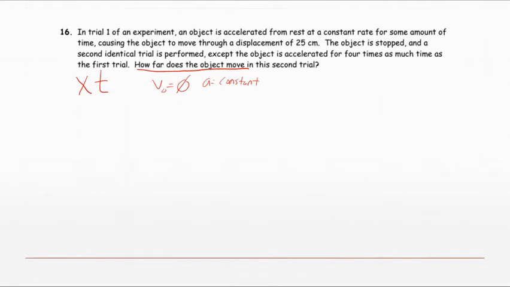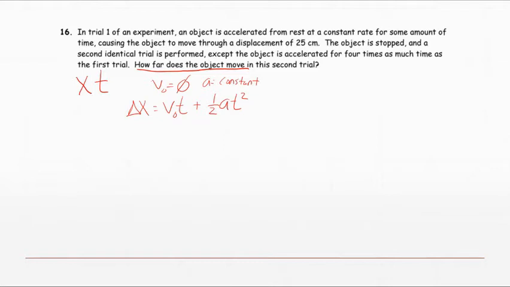So in this case, we're looking at position, time, and acceleration: accelerated motion, position, and time. So we're looking at change in x equals v initial t plus 1/2 a t squared. It says the object is stopped and a second trial is performed, except the object is accelerated for 4 times as much time.